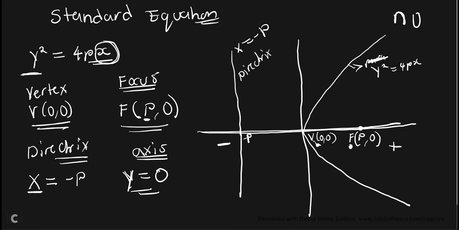The axis. Now, how about when you have a parabola that has the vertex (h, k)? How does the standard equation look?